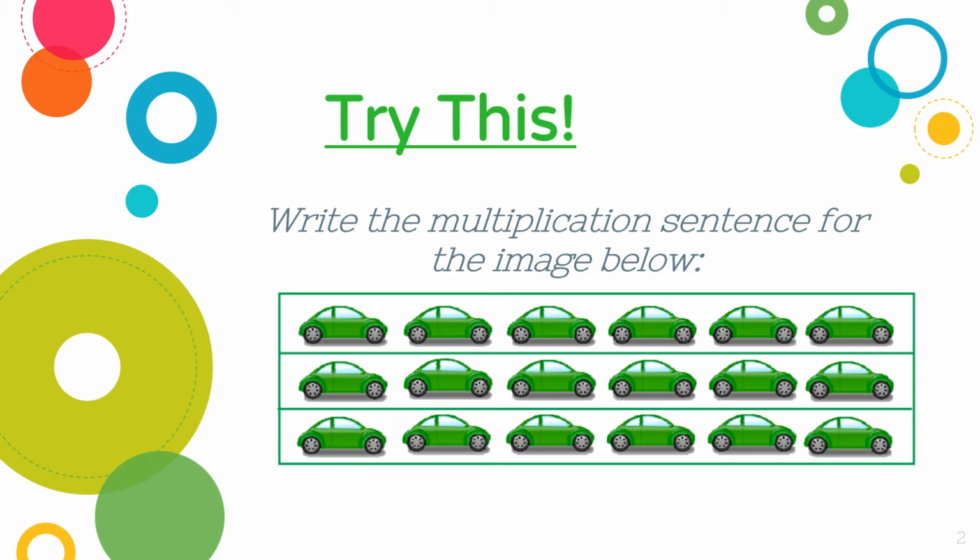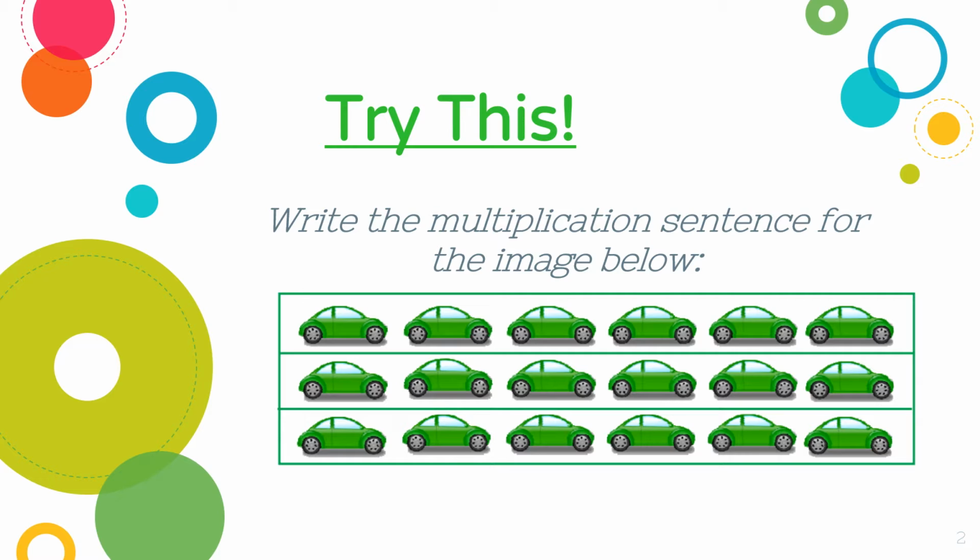And when we say the phrase "groups of," so many groups of a number, those two words, groups of, will always be able to be replaced with our multiplication sign. So remember that groups of is the same thing as saying multiply. When you hear those two words, you can take them out and insert a multiplication symbol.